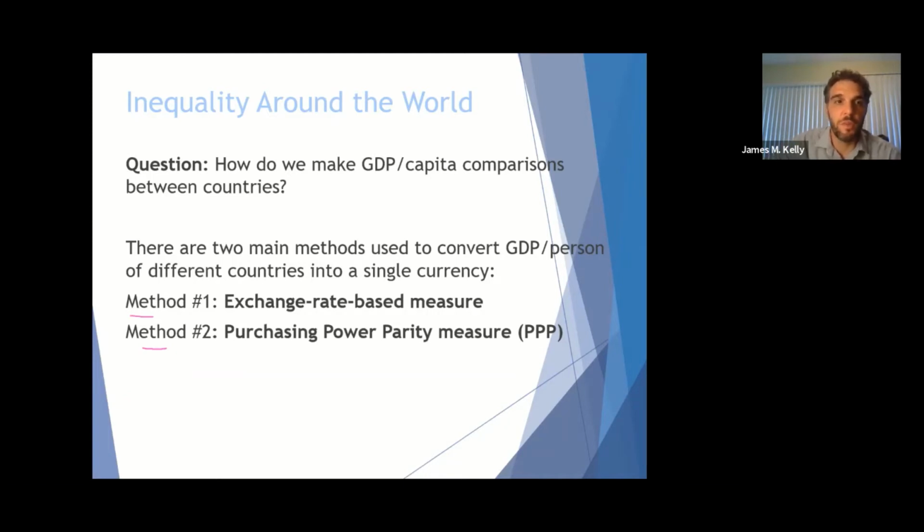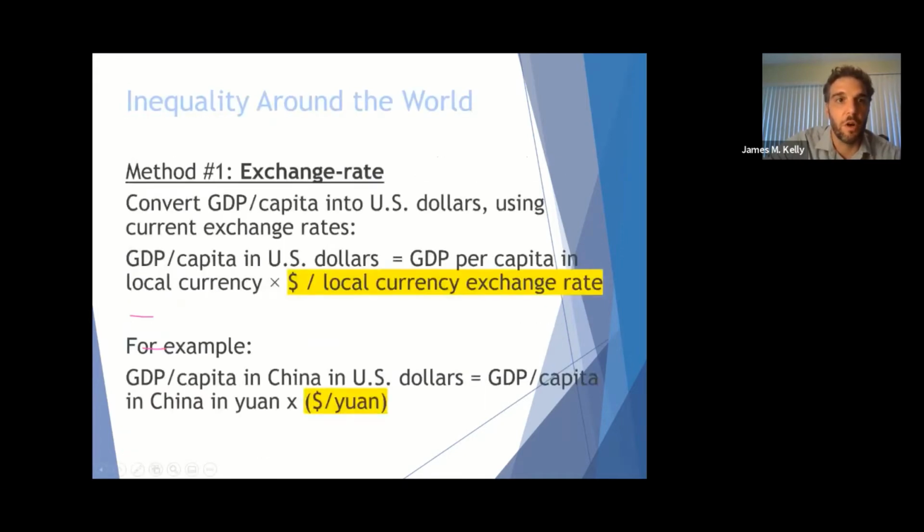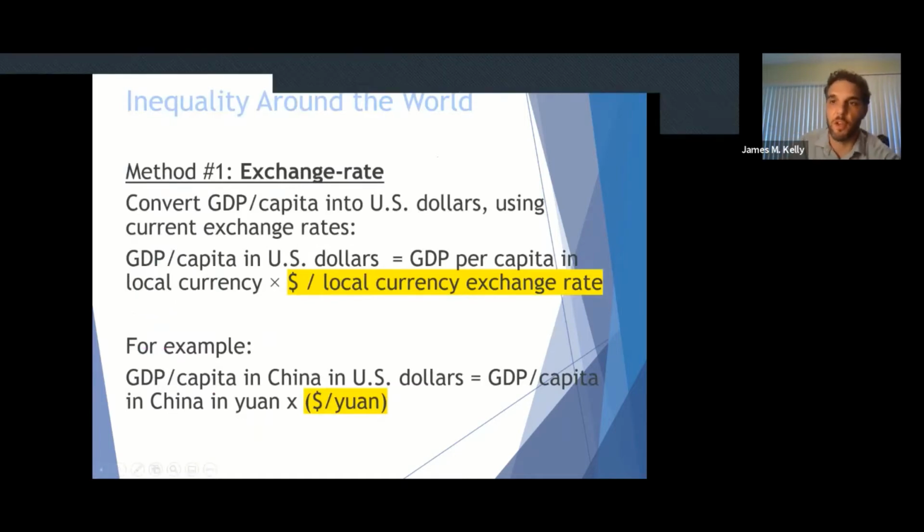With the first method, the exchange rate method, what you're going to do is take the real GDP in the currency of the economy you're looking at, and convert it using its exchange rate with the dollar.